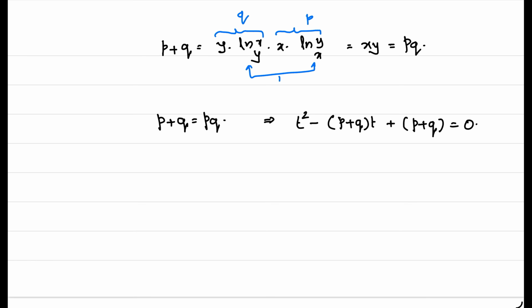Then we consider the discriminant. Small t, don't worry, we have just kept it.